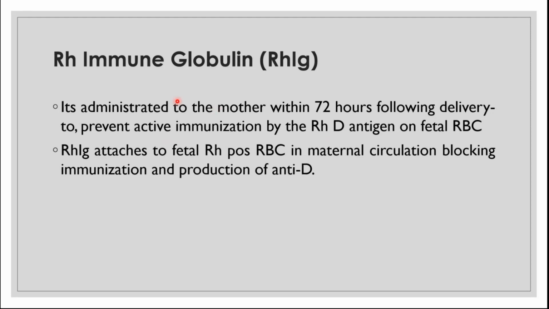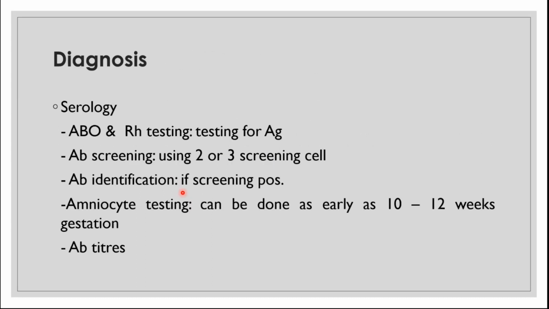So rhesus immunoglobulin will be injected to the mother to prevent active immunization to rhesus D. It attaches to the fetal rhesus positive RBC in maternal circulation, blocking immunization and production of anti-D.